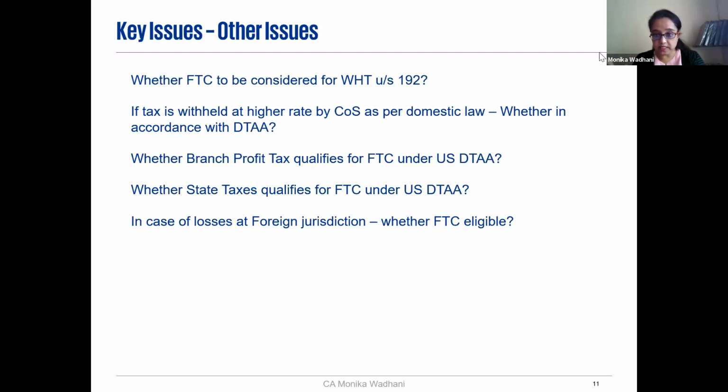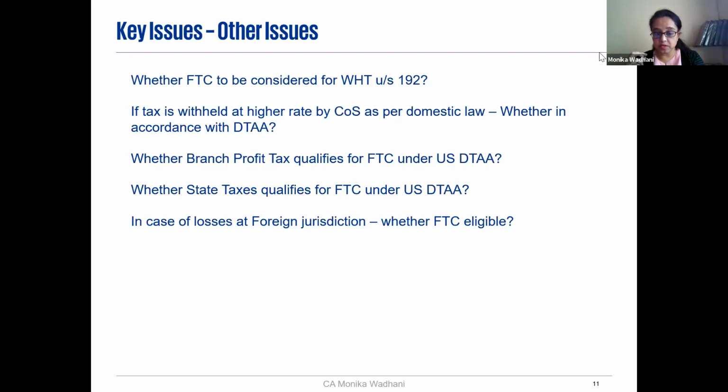So we have one case study on the method of computation of credit, and we will understand this better over there. But if withholding tax is done at a higher rate as per domestic law, then it cannot be said that tax is in accordance with the provisions of the DTAA. So the first limb of the elimination of double taxation article under the treaty is not being met in this particular case.